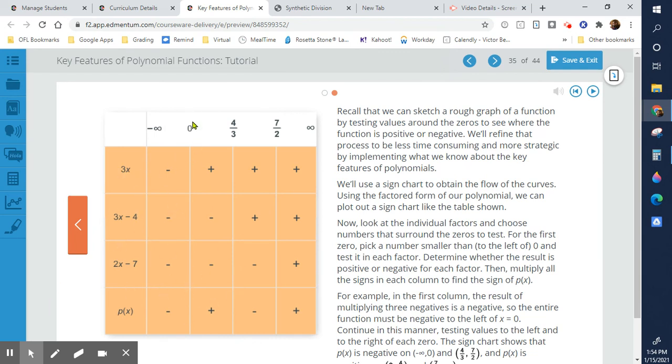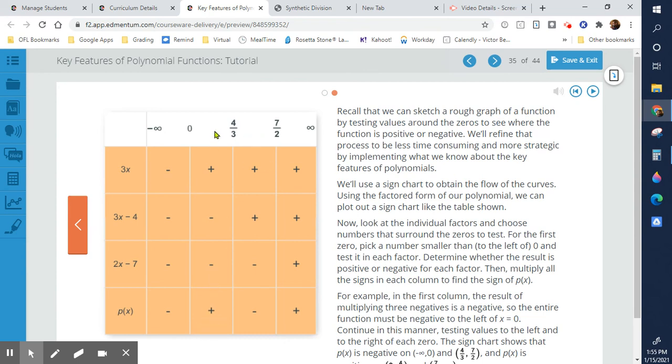So they do it really interesting. If you plug in, for example, a -1, this is negative. Plug in a -1, this is negative. Plug in a -1, this is negative. So a negative times a negative is a positive, times a negative again is a negative. So that's where they got this. This here is a positive. Positive times a negative is a negative, times a negative gives us a positive.